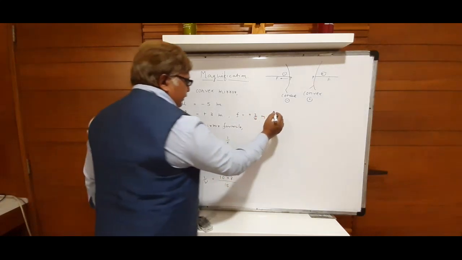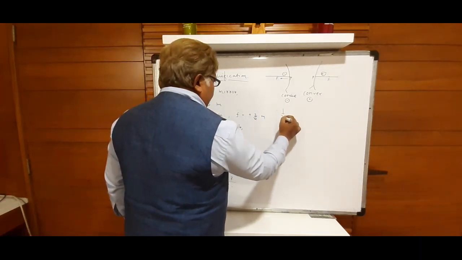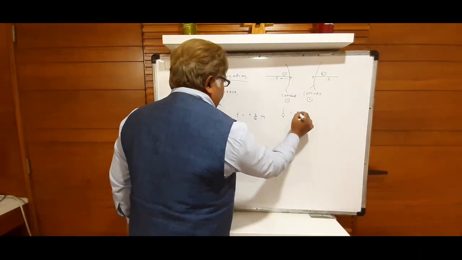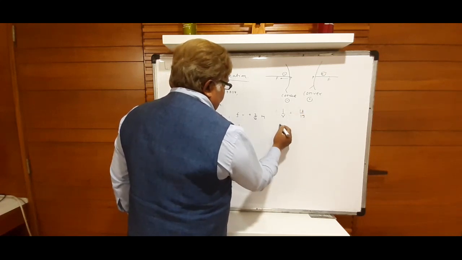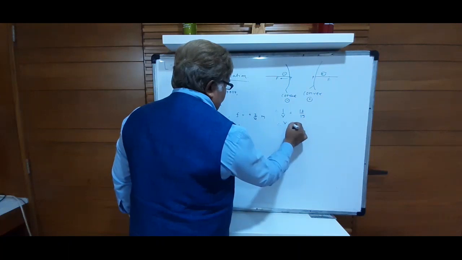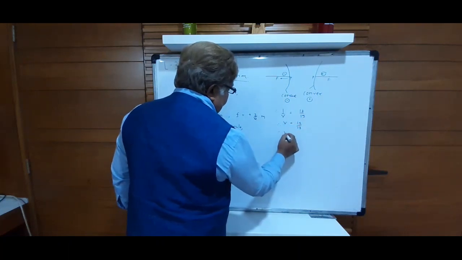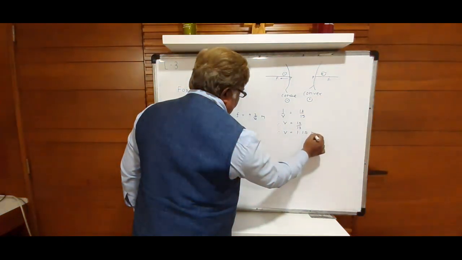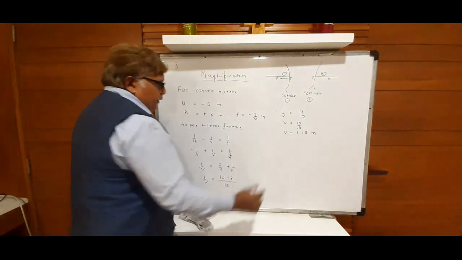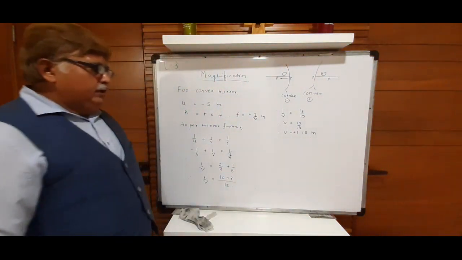So I got 1 upon v equals 13 upon 15. Therefore, inverting it, v equals 15 upon 13. If you just divide, approximately 1.15 meter, means the image distance is positive.